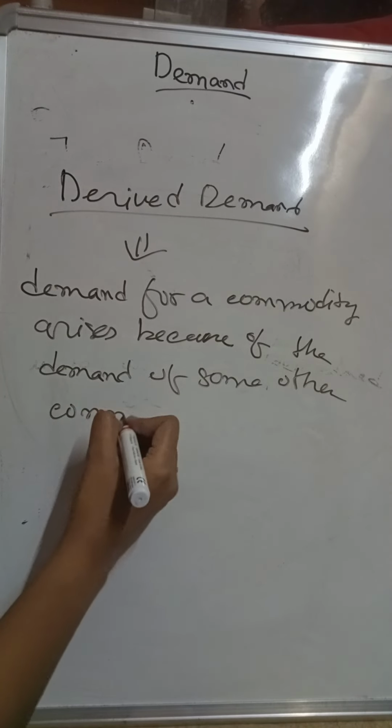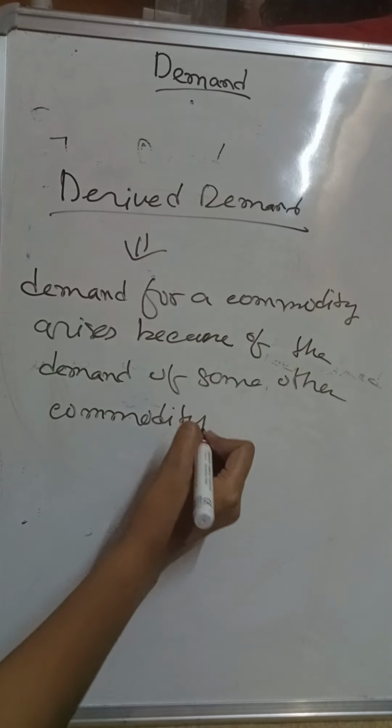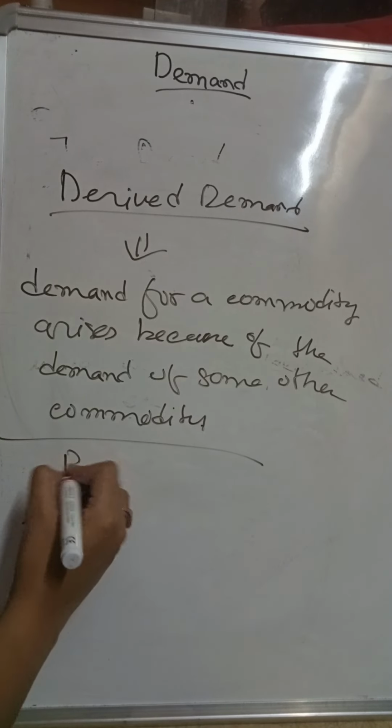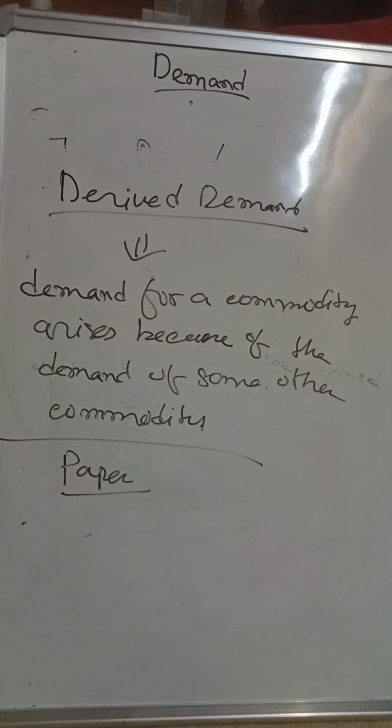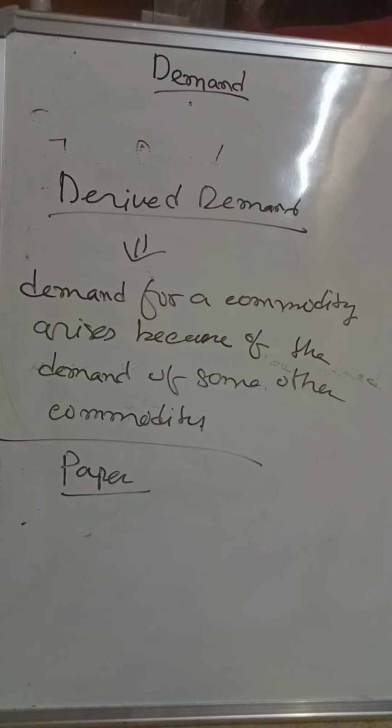For example, if you have a paper or a copy, obviously if you buy a copy, you will buy a pen or a pencil to write something on the paper. Because you have the paper, for that you are demanding the pencil or the pen. So the paper is deriving the demand of the pen.